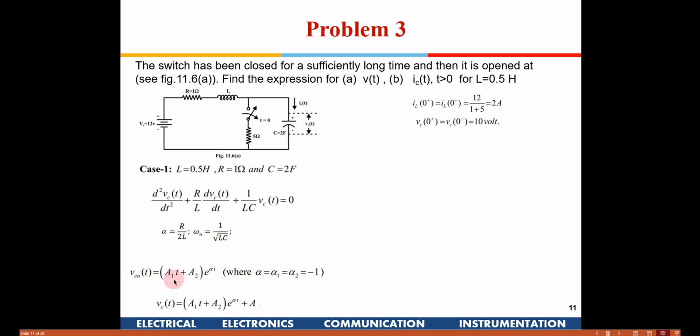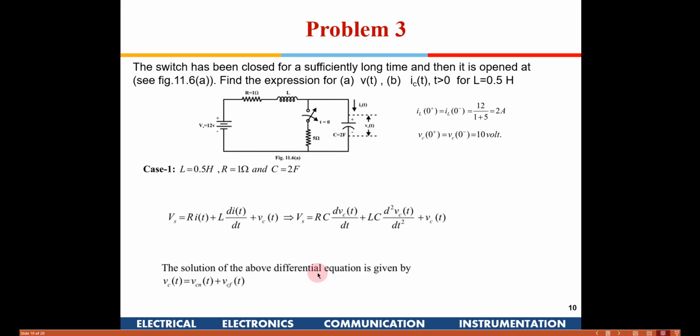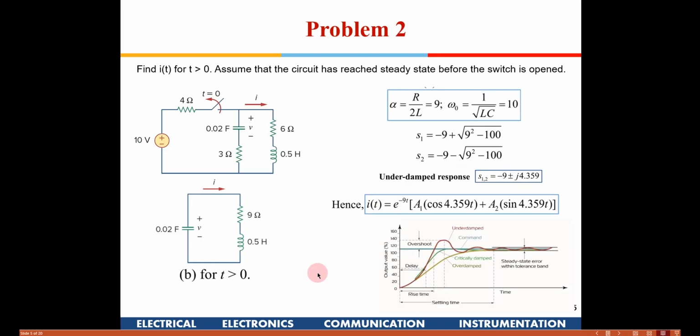So the equation will be (A1 t plus A2) e to the power of alpha t. This is taken from a different textbook, so the notation is slightly different. We learnt it as e to the power of st. So here s1 is equal to s2 equal to minus 1. If you have seen that equation, let me go back here.